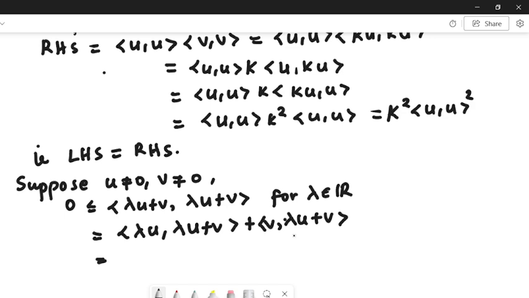So we interchange. We're just playing with the axioms in the inner product space. So we also interchange. This will enable us to collect like terms.